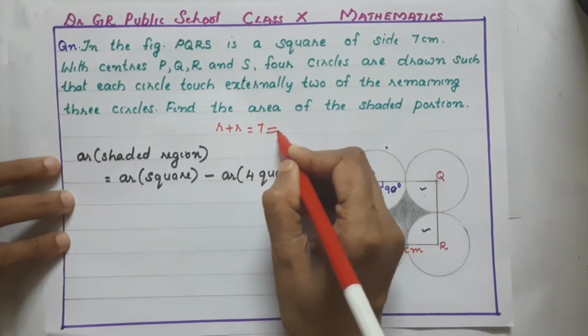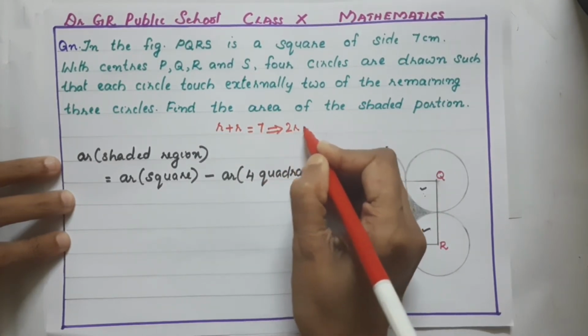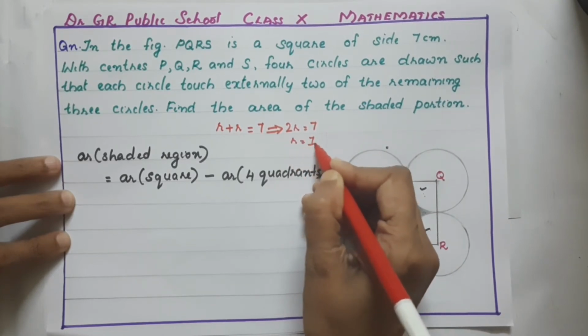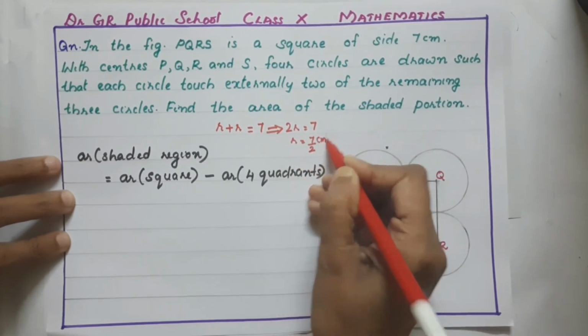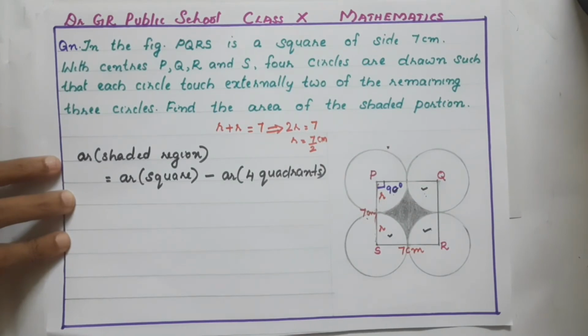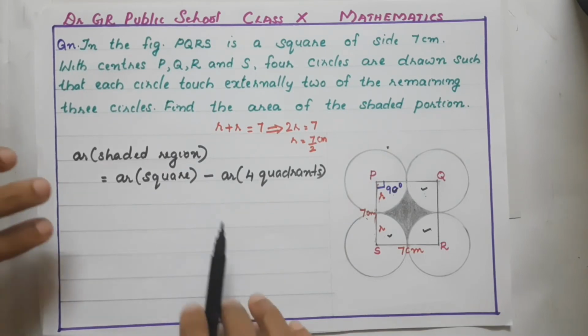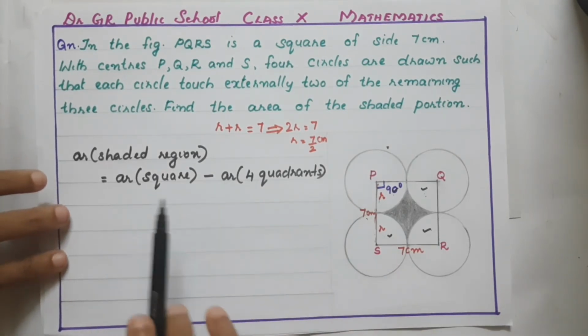It gives 2R is equal to 7. So R equal to 7 by 2 centimeter. Okay children. So we got the radius of the circles. Now we can find this area.